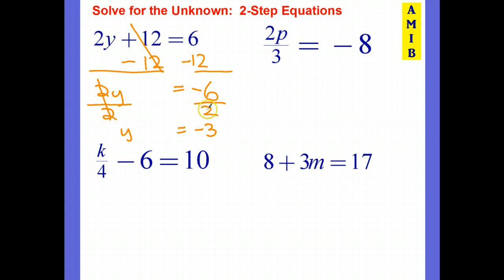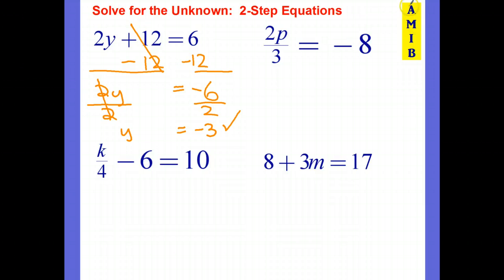A negative divided by a positive is a negative. Let's do a quick check. 2 times negative 3 is negative 6. Negative 6 plus 12 is positive 6. So that's correct.